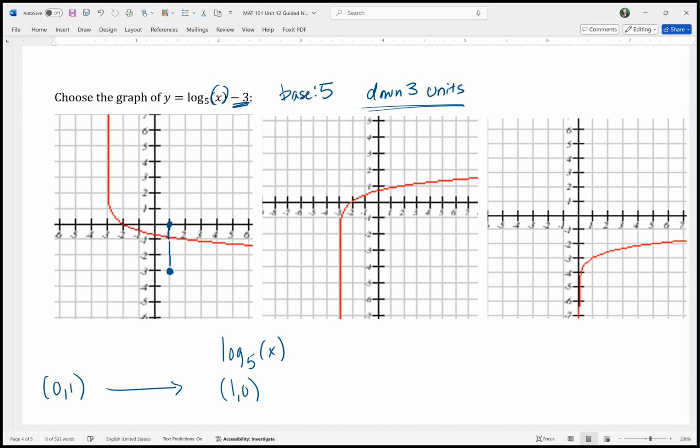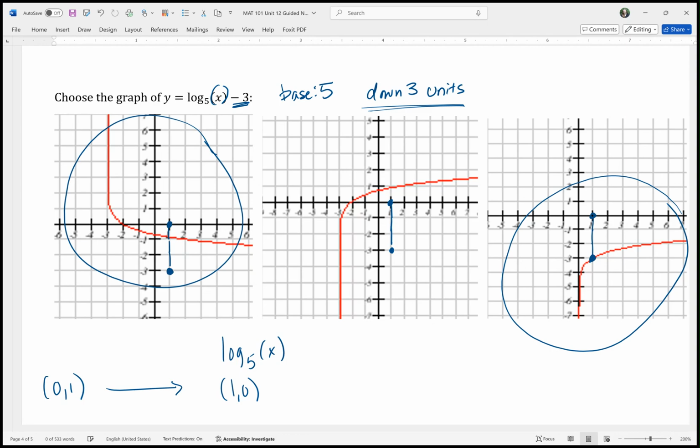I don't see a point there. Let's go to 1, 0 and down 3 units. 1, 2, 3. No point there. Let's go to 1, 0 and down 3 units. 1, 2, 3. I have a point there, and so this would be your correct answer. Okay? I do want to say this is not correct because your log is going to be like that.